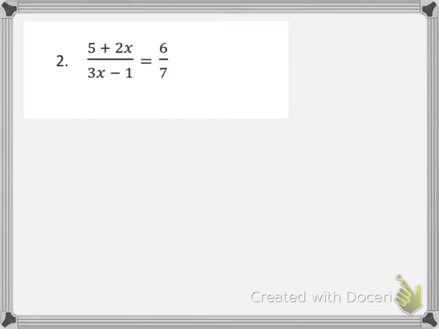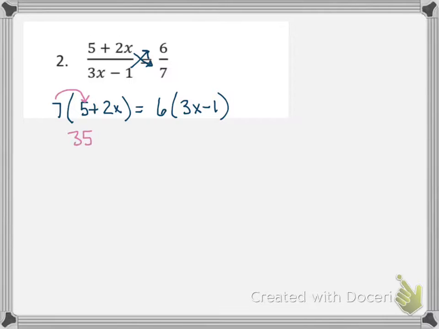Okay, same idea. Means is 7 times 5 plus 2x is equal to extremes, which is 6 times 3x minus 1. And when we multiply now with our distributive property, we get 7 times 5, that's 35, plus 7 times 2x is 14x, and that's equal to 6 times 3x is 18x, and 6 times a negative 1 is a negative 6.